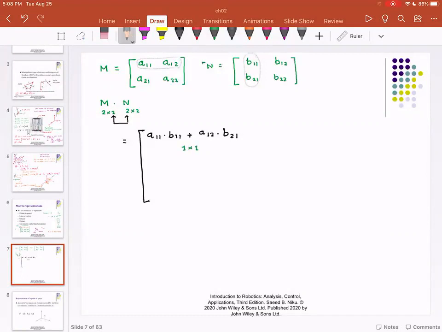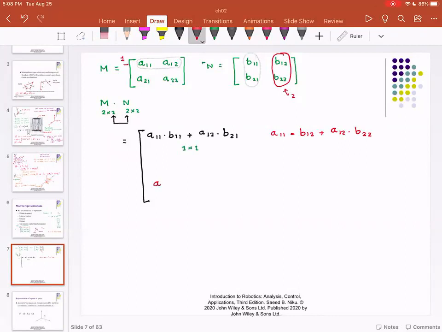How would the second column look? In that case, I'm going to take the first row, second column. So check this out. This is the first row and this is the second column. So I'm going to do A11 multiplied by B12 plus A12 B22. Now the next thing is multiplying for second row, first column.